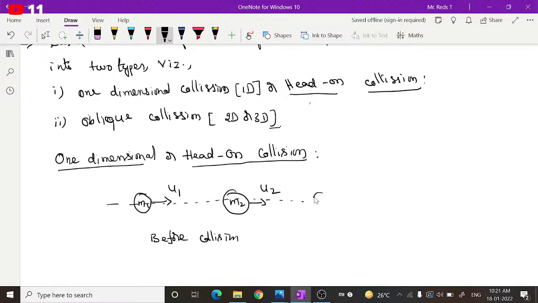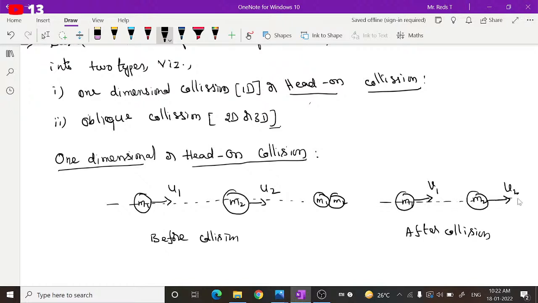So they undergo some collision for a short moment. After collision, this is m1, this is m2. Then after collision, m1 is moving with velocity v1 and m2 is moving with a different velocity v2, such that they are moving along the same line as before the collision.